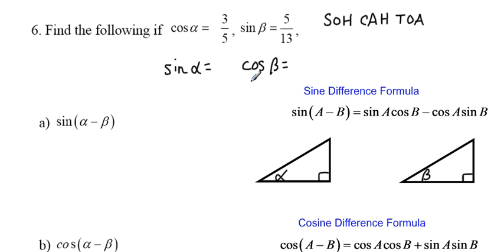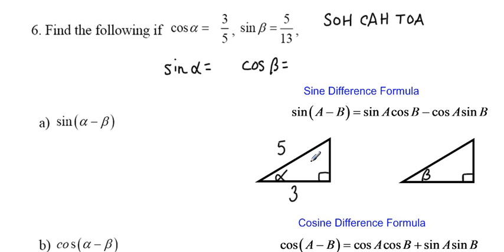Now, in order to find these two ratios, we're going to use what we were given here, that the cosine of alpha is 3/5. Recall that the ratio for cosine from SOHCAHTOA is adjacent over hypotenuse. So this 3 is going to go here, the side adjacent to angle alpha, and the 5 will be the hypotenuse.